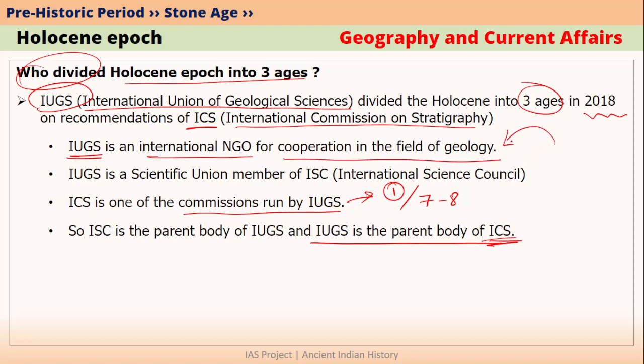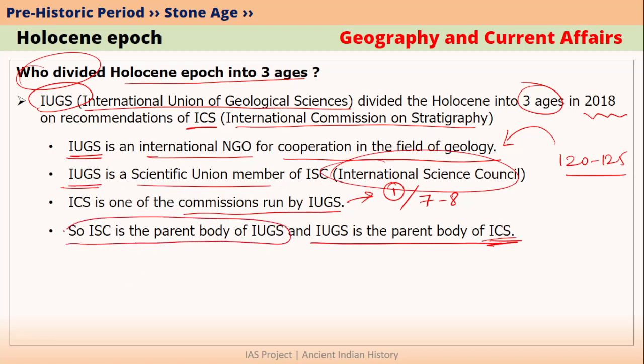It has many scientists and other organizations. I think scientists from 120 or 125 countries are working within IUGS. Also, IUGS is a scientific union member of International Science Council. So we can say that International Science Council is the parent body of IUGS and IUGS is the parent body of ICS, that is International Commission on Stratigraphy. This is important purely from current affairs point of view.